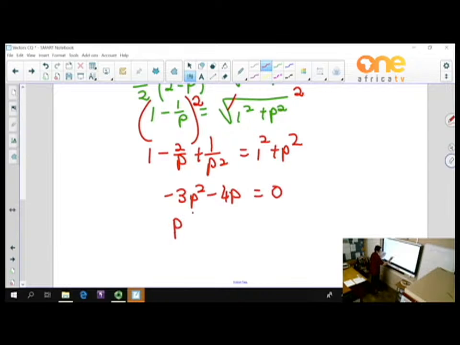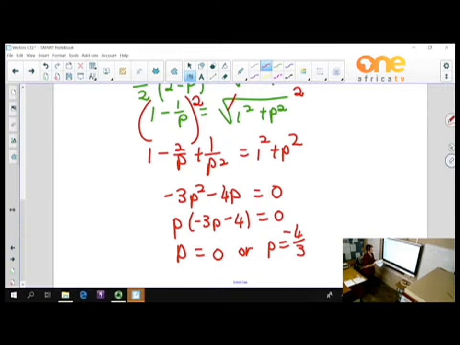I'll factorize here, so P times (negative 3P minus 4) is equal to 0. So P is equal to 0, or P is equal to negative 4/3. So a very good question. They've asked this question once more in the papers.